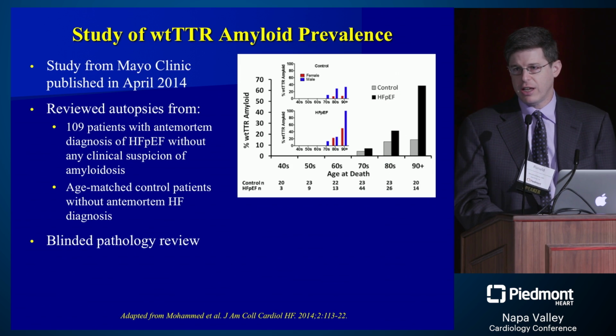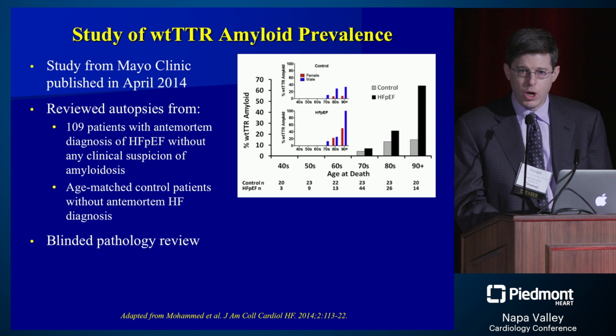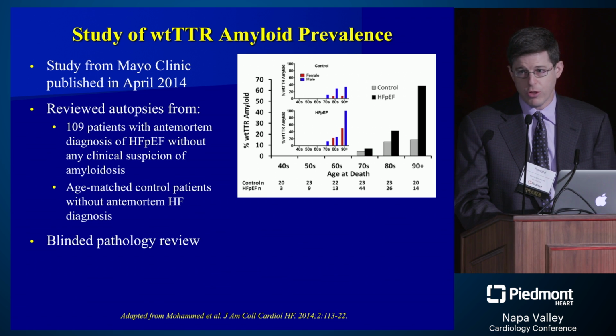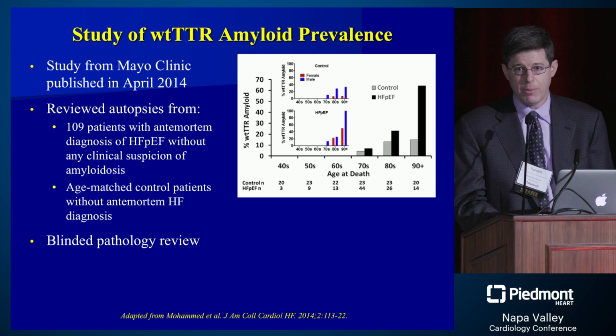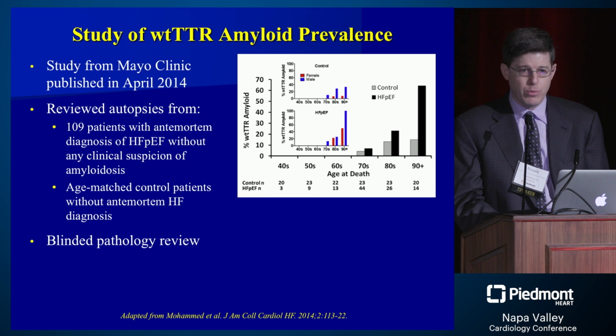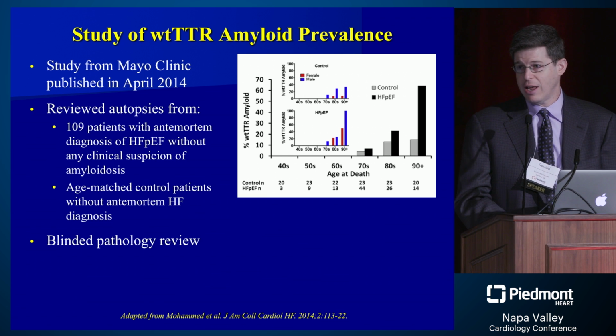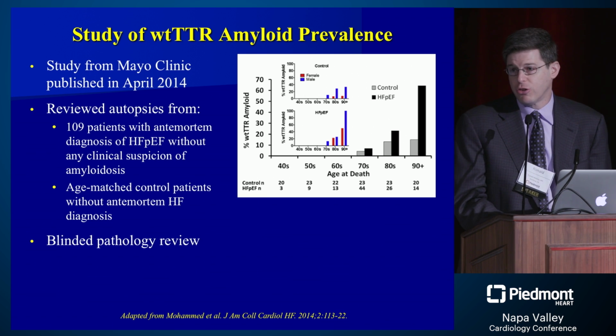This is a nice study out of Mayo Clinic from a few years ago where pathologists took 109 patients who had died of diastolic heart failure, but where there had been no clinical suspicion for amyloidosis, and they compared them with age-matched control patients, and then had pathologists blindly review the slides to see if they saw significant amyloid deposits. A couple things are interesting from this.